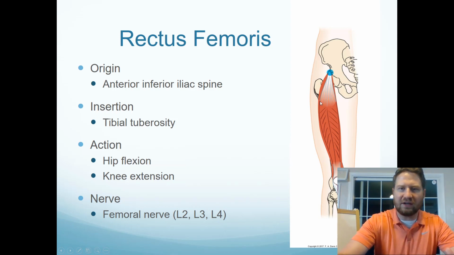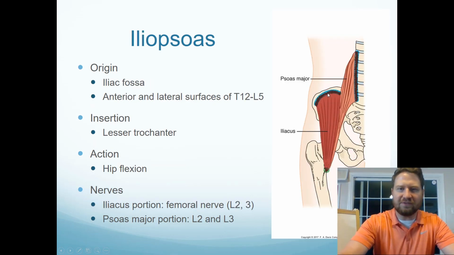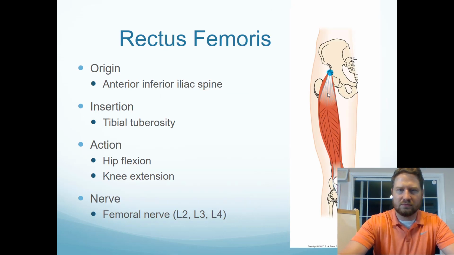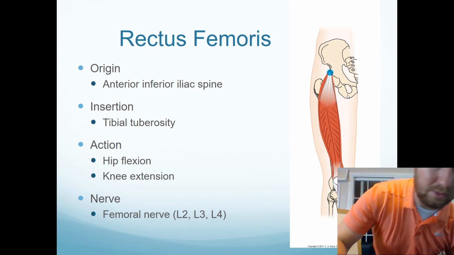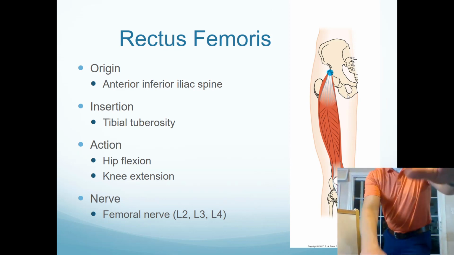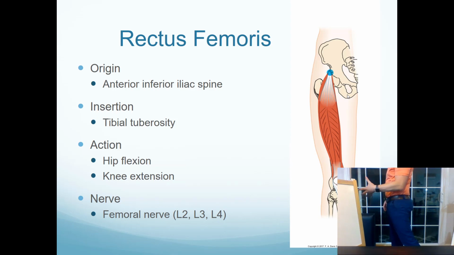Our rectus femoris is another one of our hip flexors, and it's going to go from our AIIS, sorry, all the way down to our tibial tuberosity. In lab, we talked about when each of these functions. If we are in hip extension, like in terminal stance when I'm getting ready to move my left leg forward, my iliopsoas is now maximally elongated.